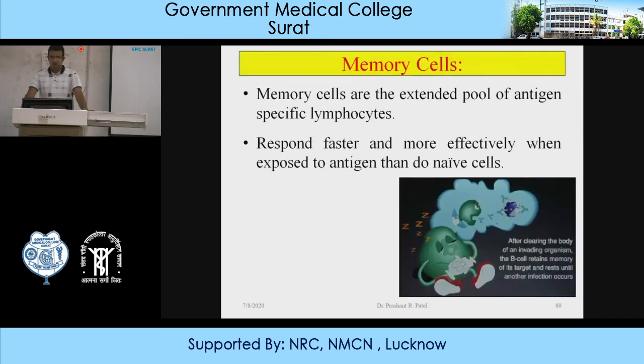The memory cells are an extended pool of cells specific to certain organisms, and their response on re-exposure to antigen is faster and more effective than that of naive T lymphocytes.